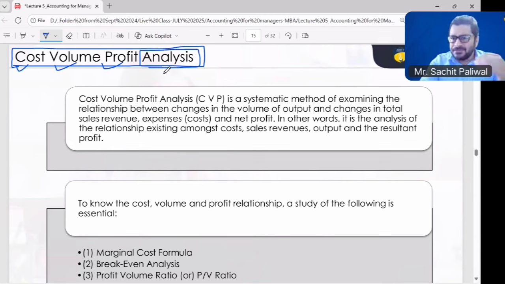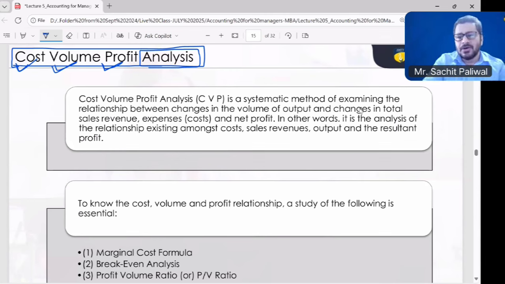So when we are manufacturing something, how are we going to analyze it? We will analyze the manufacturing based on the cost, the volume, and the profit we achieve out of it. The cost is the expenditure we incur, volume means quantity here, and profit is what we make out of it. This is the entire CVP analysis.